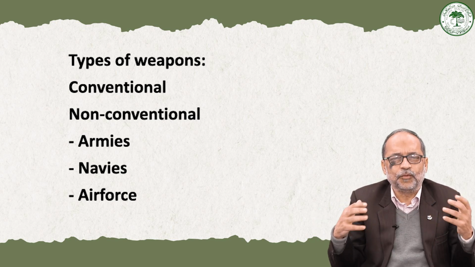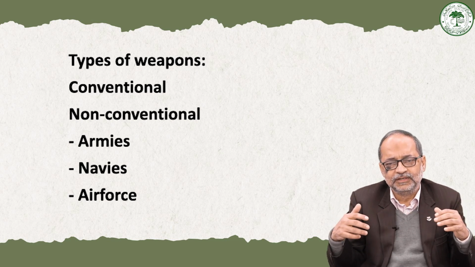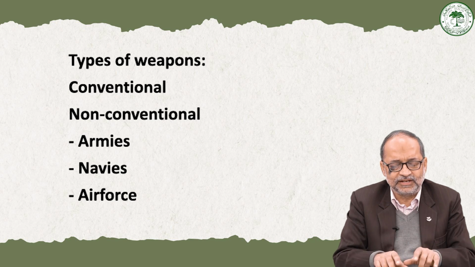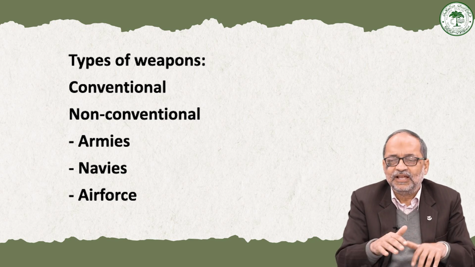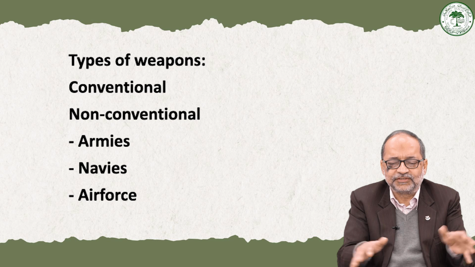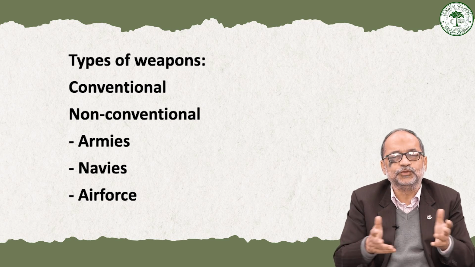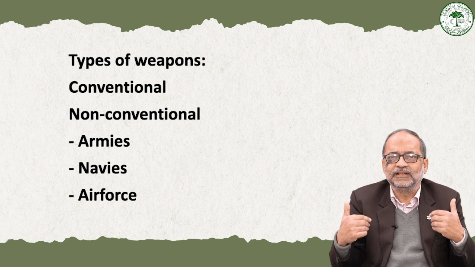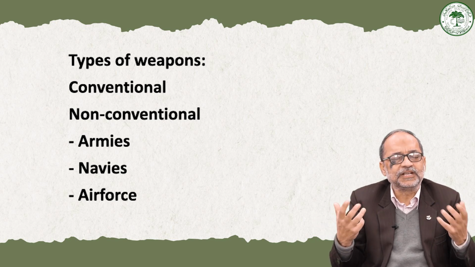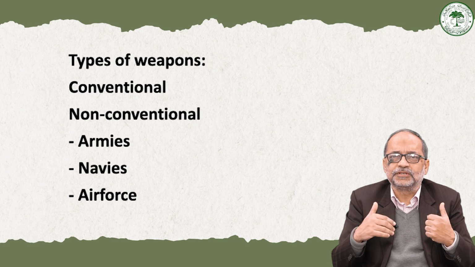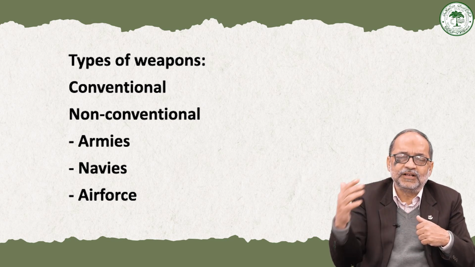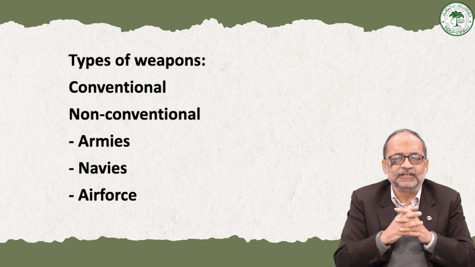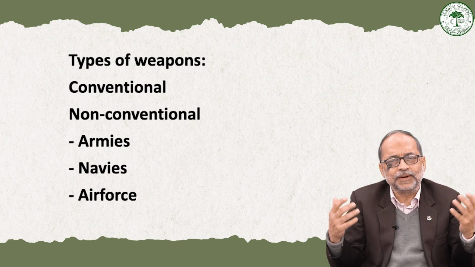So the operation of the Air Force is more like a computer game, as children play on computers, where you are sitting here just pressing buttons, and your aircraft are flying on the screens and doing whatever you want in a computer game. It is exactly like this in the real battlefield. Countries which have the best Air Force, the most technologically advanced fighter jets, missiles and other equipment, are much better off in the battlefield.